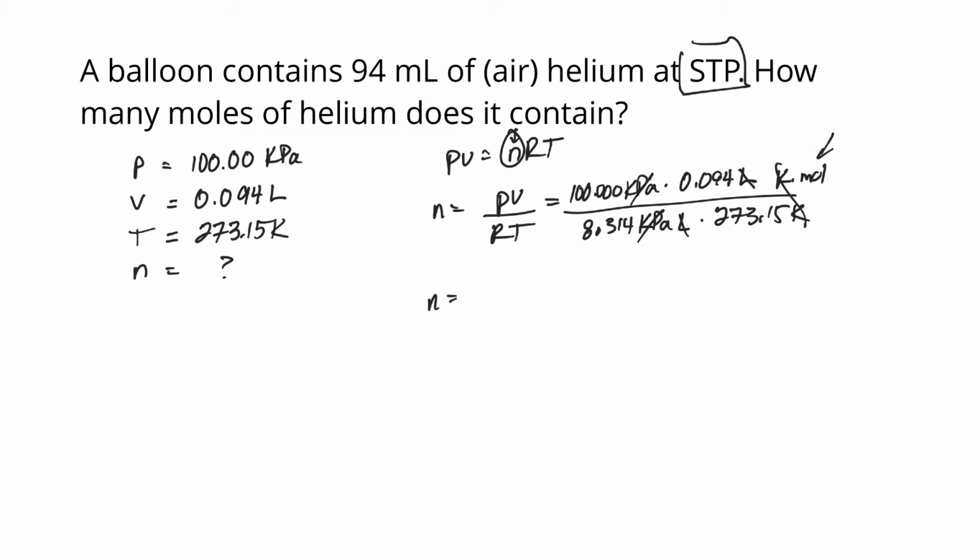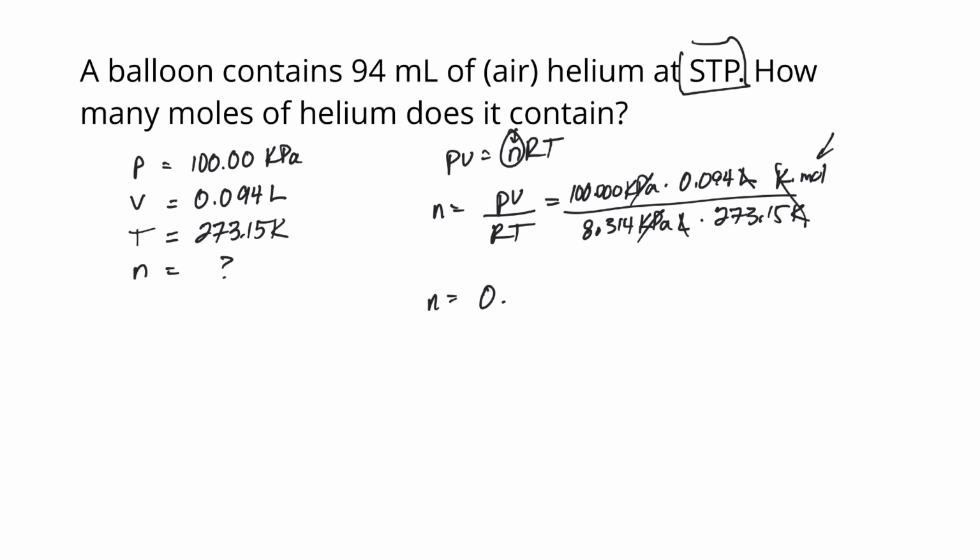Good. This is one where you want to use your brackets on your calculator. So 100 times 0.094 divided by bracket 8.314 times 273.15, end my bracket, go.